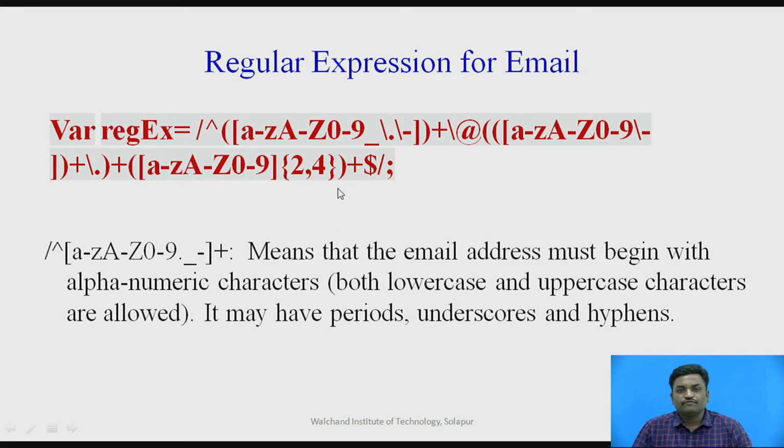Likewise, this is important for email ID. How will an email ID look? We know that an email ID usually begins with a set of characters and digits, followed by an at sign. So let's say rajmalhotra@gmail.com. Usually this is a valid email ID.